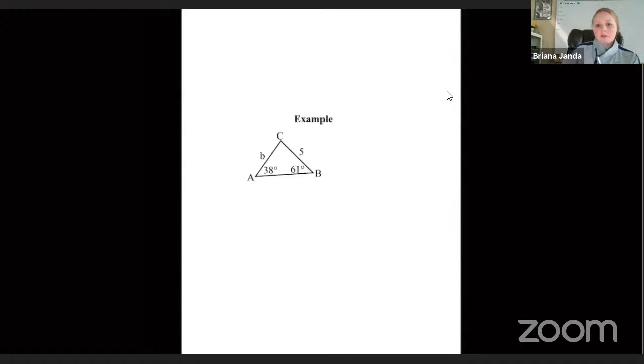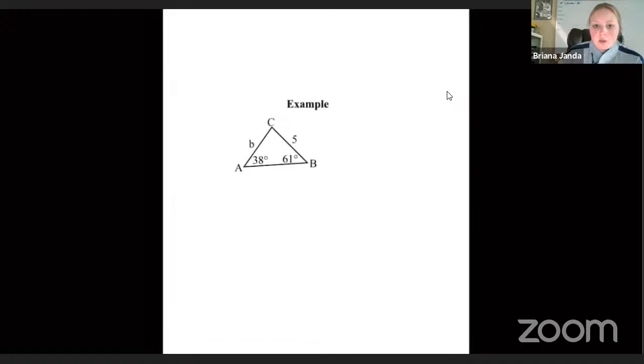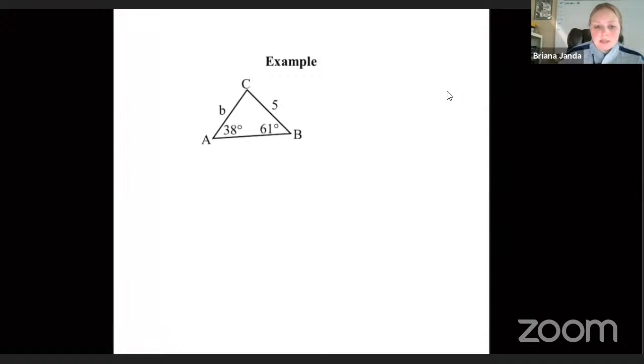So on our first example, we are going to do one missing piece. What I want you to look for when you are doing the law of sines is that, to be able to use it, you must know one angle measure and you must know one side across from it. If we don't have that piece of information, law of sines will not work for us.